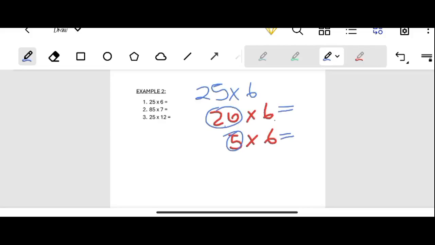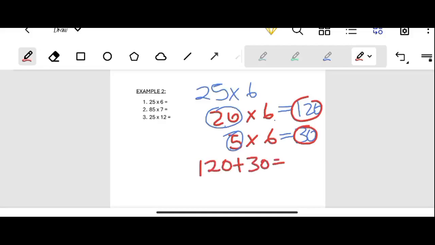So 20 multiplied by 6 is 120. 5 multiplied by 6 is 30. The next thing that you do, you're going to say that plus that. So 120 plus 30 is equal to, let me see, 150. And then you are done with that one.